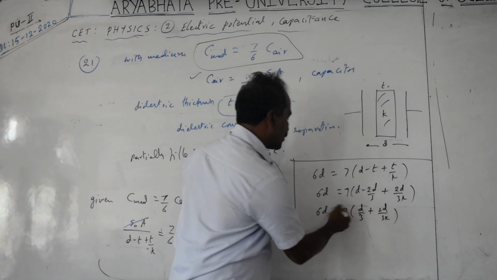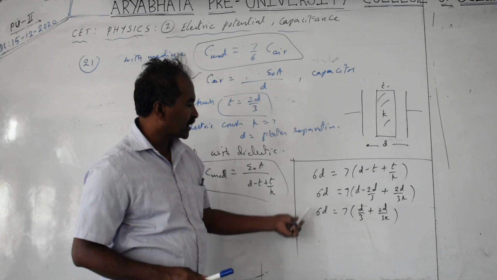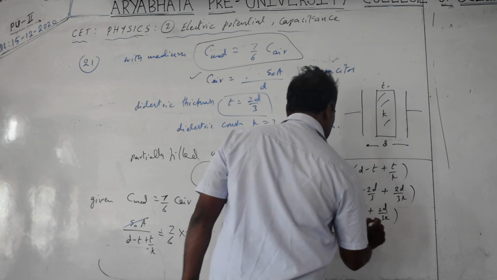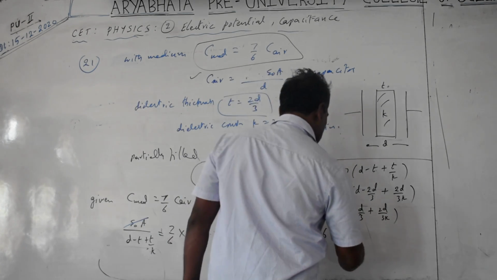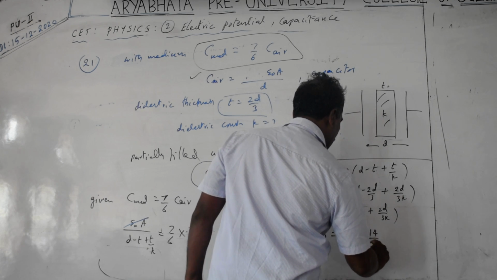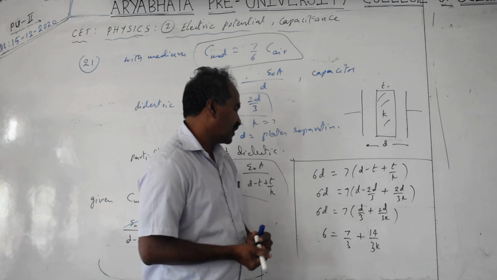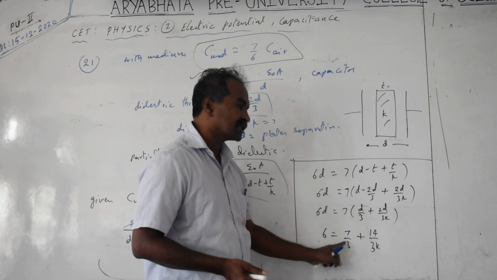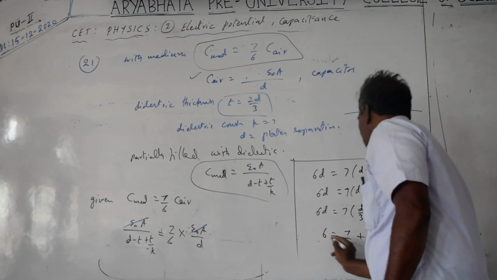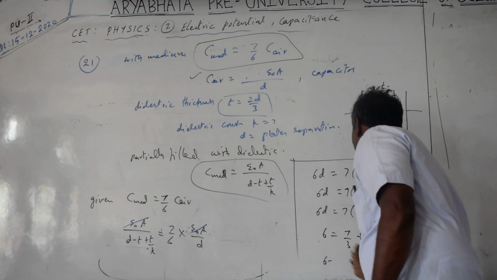D is common on the left and right side, so you can cancel the D. So 6 equals 7 times the bracket, which is 7 by 3 plus 14 by 3K. We want the K expression, so 6 minus 7 by 3 is equal to 14 by 3K.